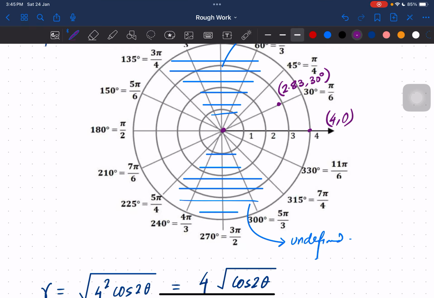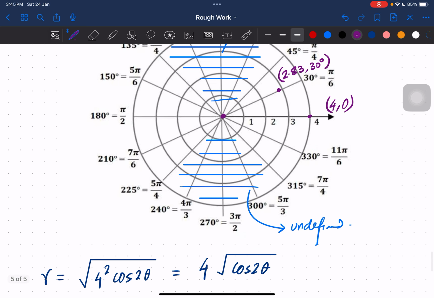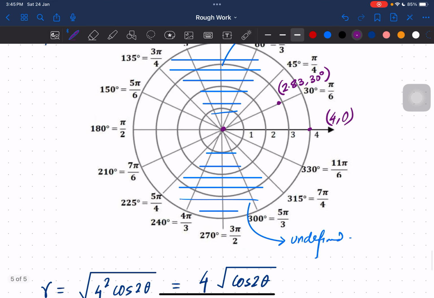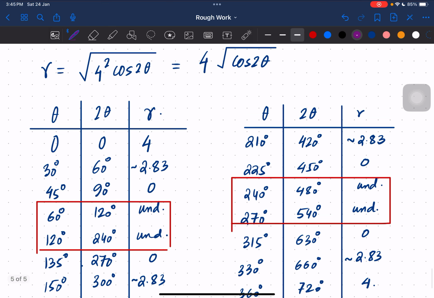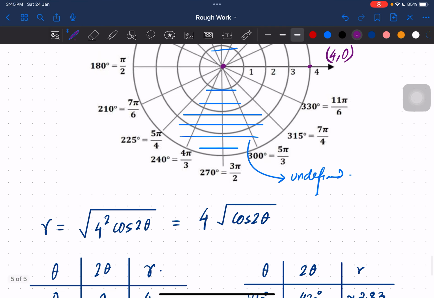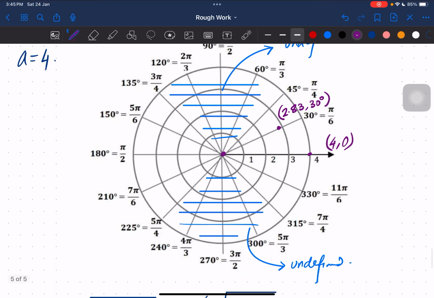Then this middle part we don't have any values, it is undefined. Then again it will start from 0, and at 135 it is 0, so yes, 0 comma 135. Then at 150 degrees it is 2.83, so this is the 3 circle here. This part, right?